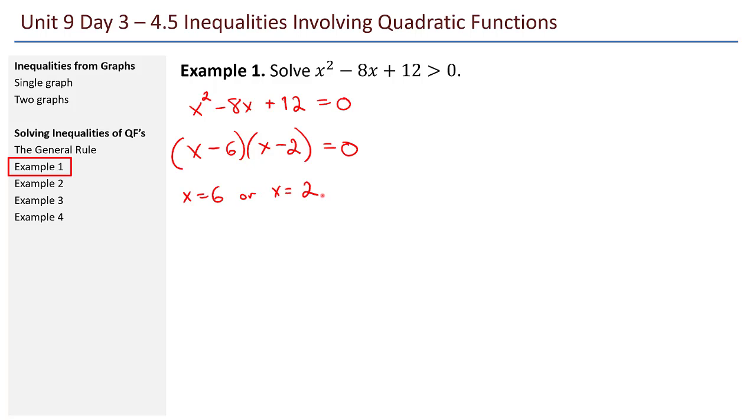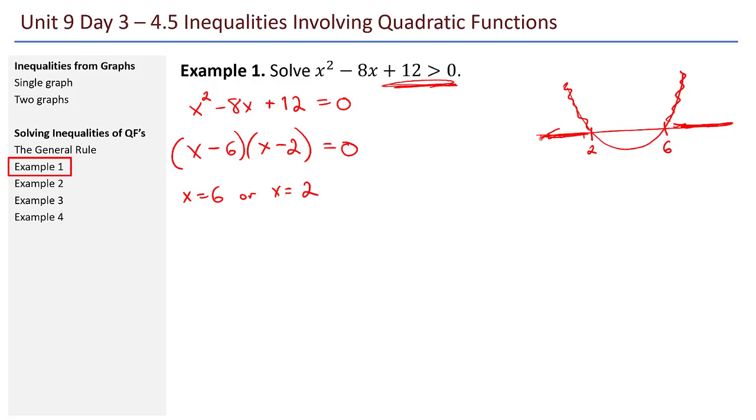Now, just very roughly, if I were to graph this parabola, I have the x-axis. There's a parabola that opens upward, and I know that it crosses that x-axis at 2 and 6. So if I'm looking for solutions where the parabola is greater than 0, I'm looking for the two arms on either side. So my x values are going to be the ends.